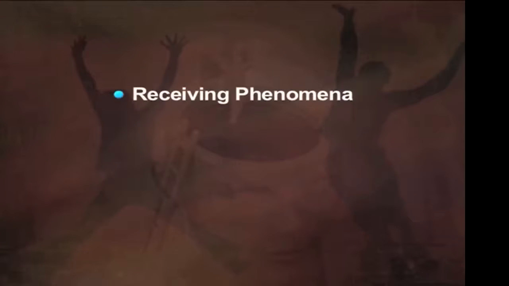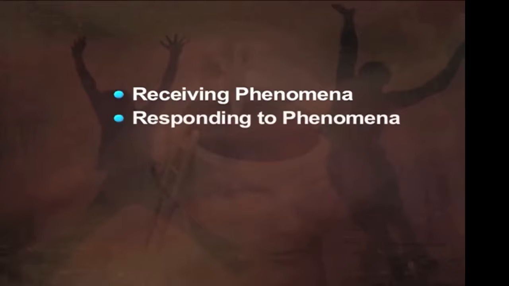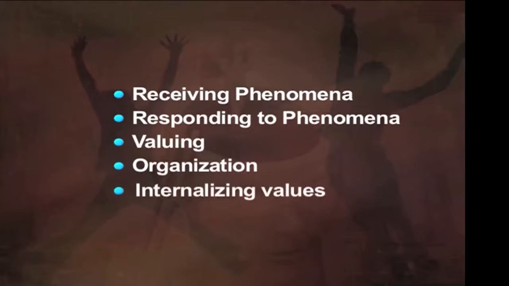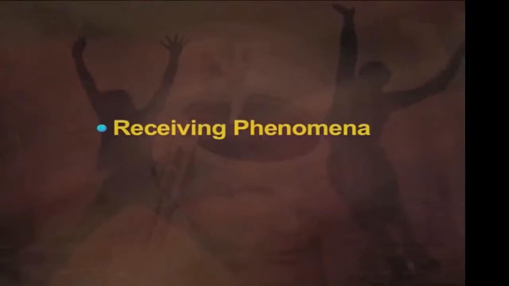The 5 major categories that are included in the affective domain are receiving phenomena, responding to phenomena, valuing, organization and internalizing values. They are also listed from the simplest behavior to the most complex, like the other domains. Let us look at the first under the affective domain, receiving phenomena.